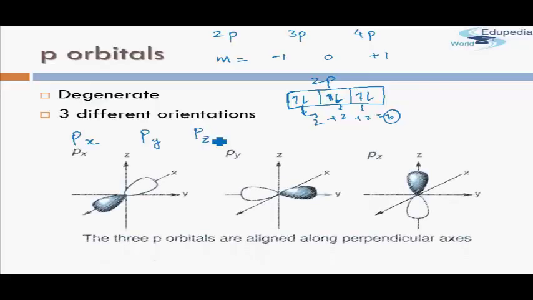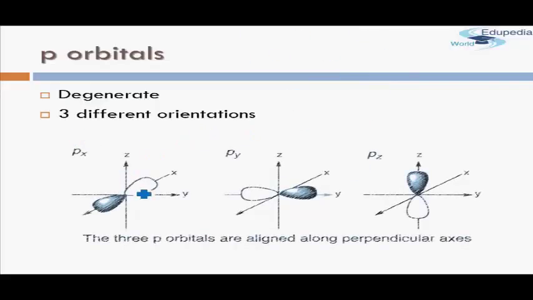See here, you know that the shape of the p orbital is a dumbbell shape, that is, it has two lobes. In px, these lobes are aligned along the x-axis. Let's say this is your diagram, this is y, this is z.